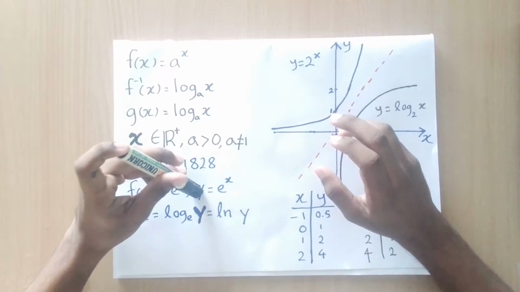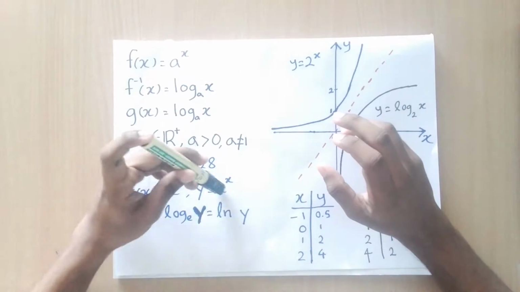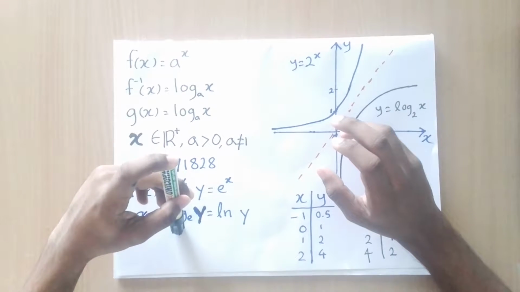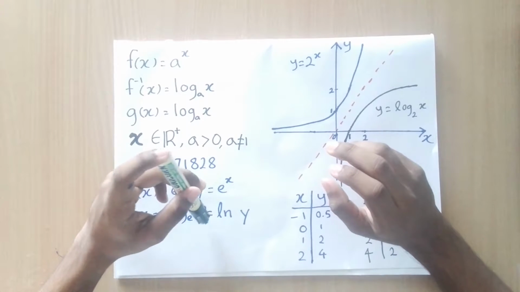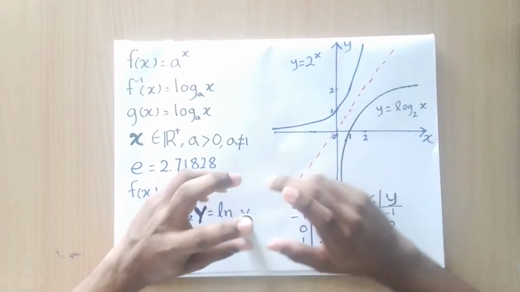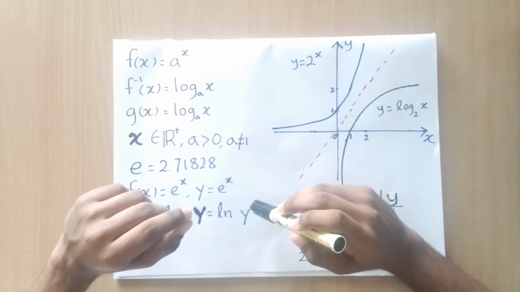So, if y equals e to the power x, we can say that x equals log of y to the base e. In short, this can also be written as x equals ln y. Ln y is called the natural logarithmic function.